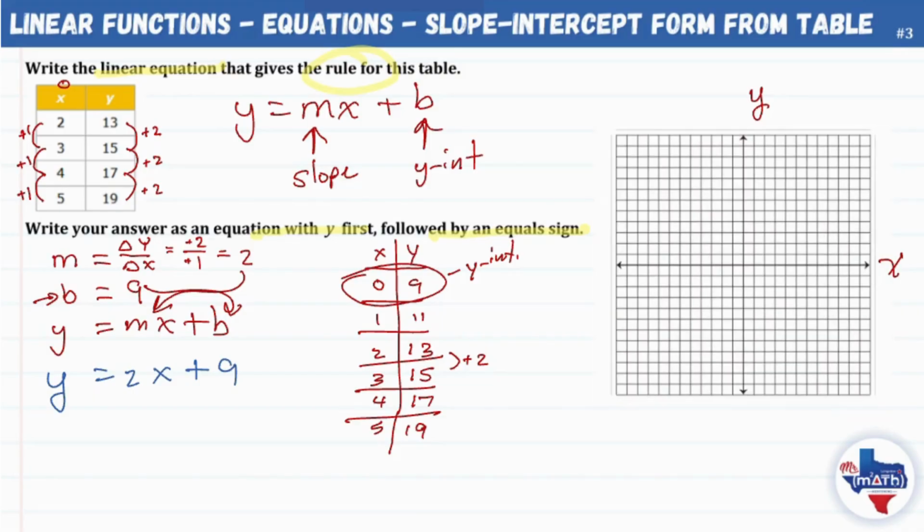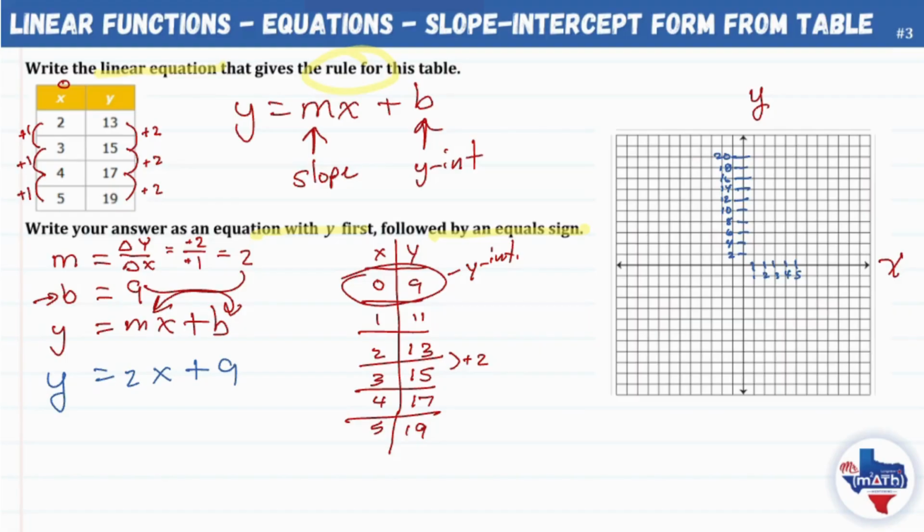So we'll say 2, 4, 6, 8, 10, 12, 14, 16, 18, and 20. And for the x-axis, we'll just go ahead and graph 1, 2, 3, 4, 5.